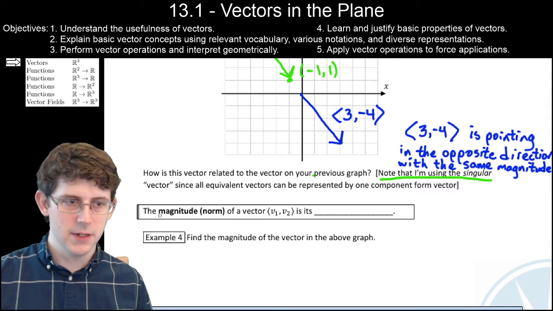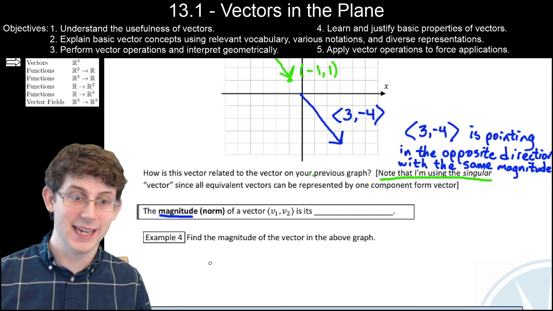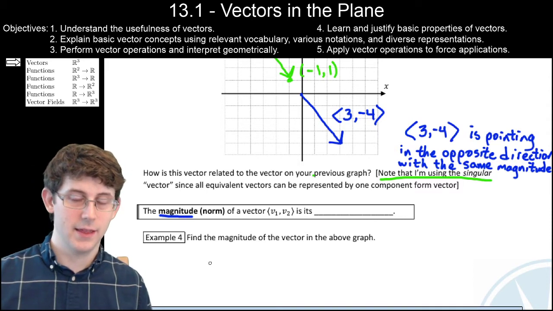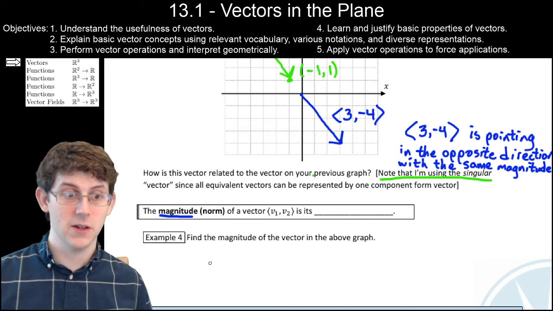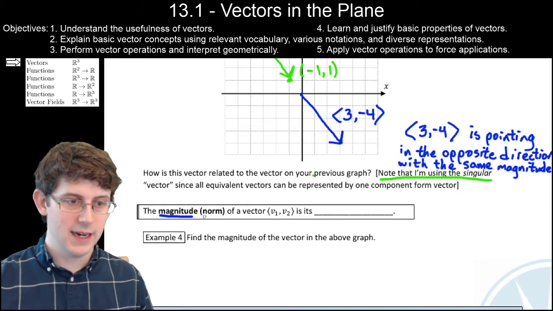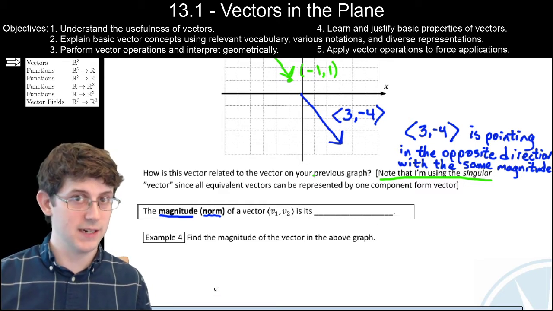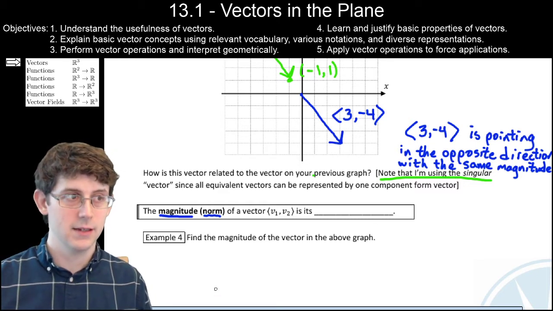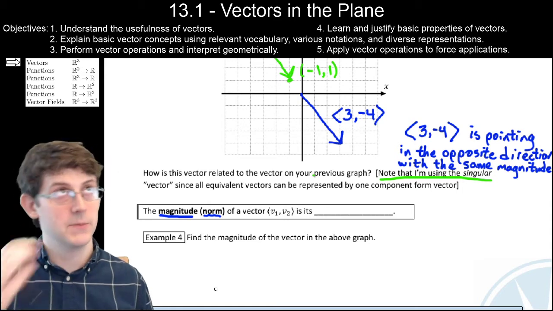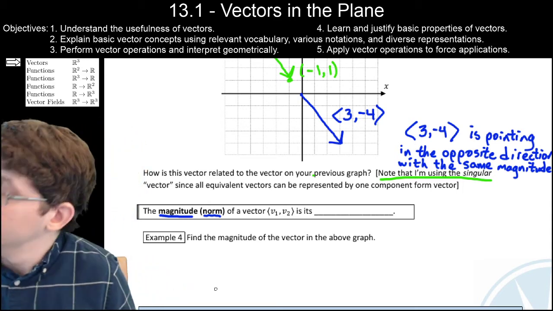The magnitude, we keep talking about this, like what's the size of the vector. There's another word for the magnitude. It's called the norm. If you ever have anybody taking the norm of anything, they're trying to describe the object with a single number. I'm trying to think of an example outside of math.